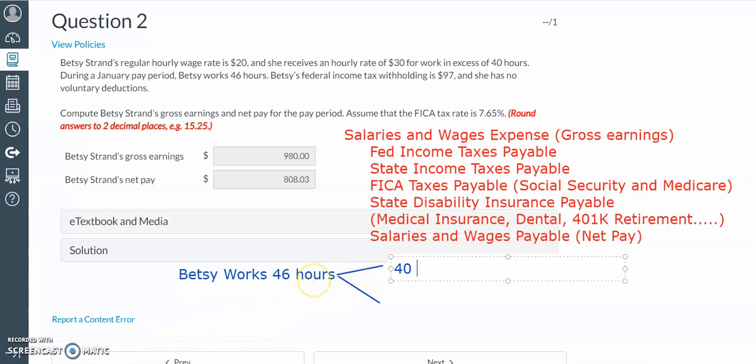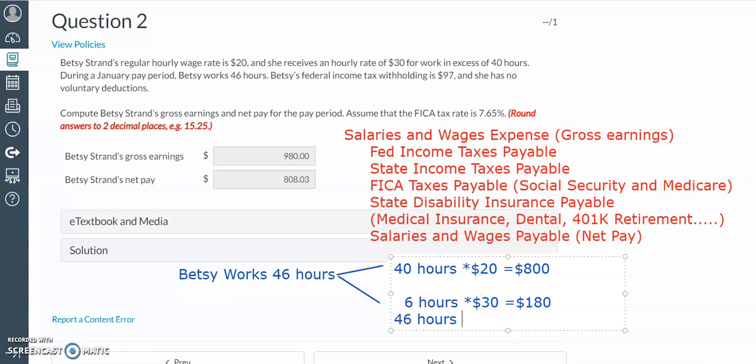So we're going to take 40 hours times $20 to get us $800 earned. And then we're going to have 6 hours at $30. So that equals $180.